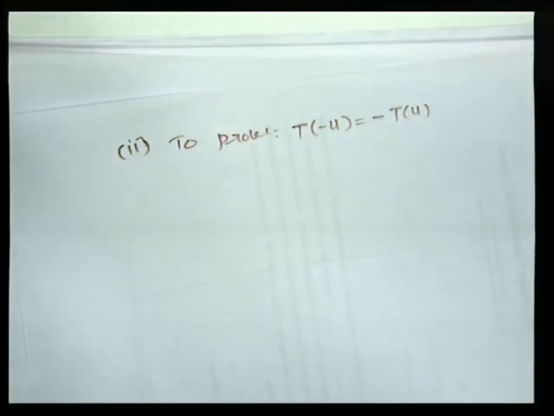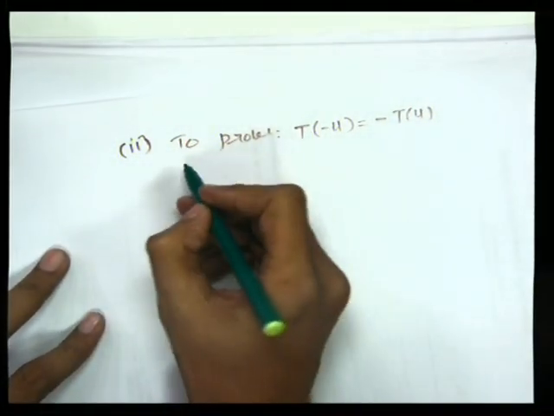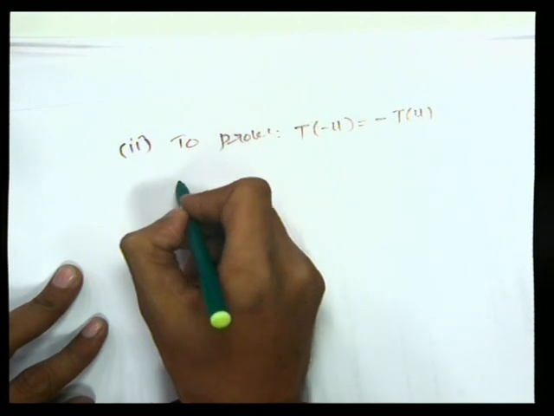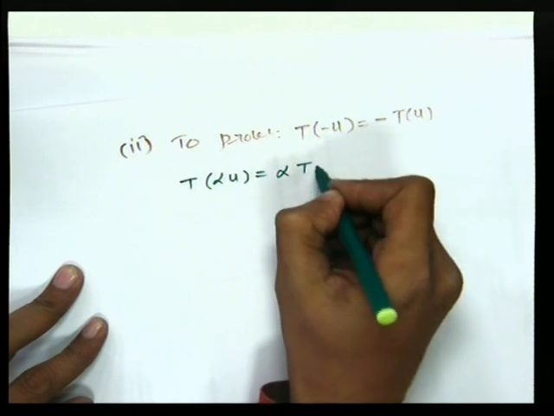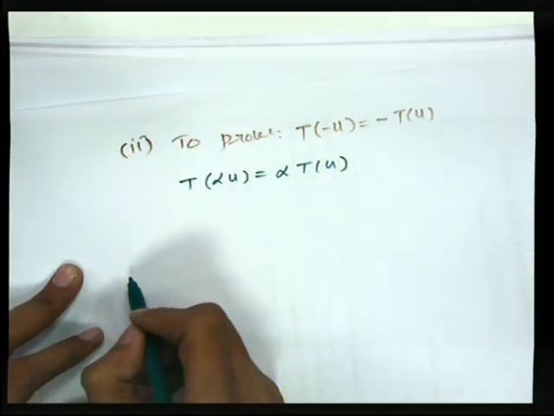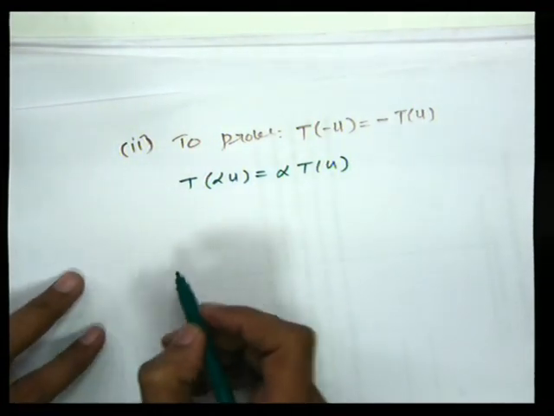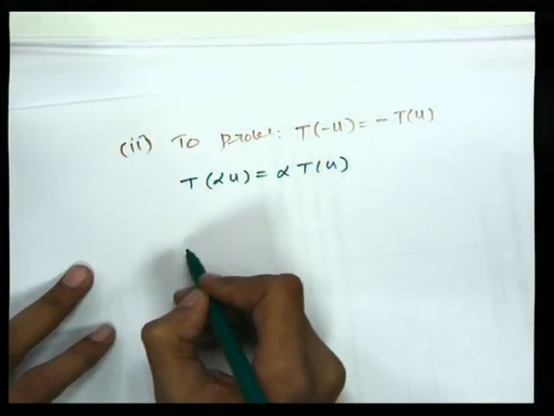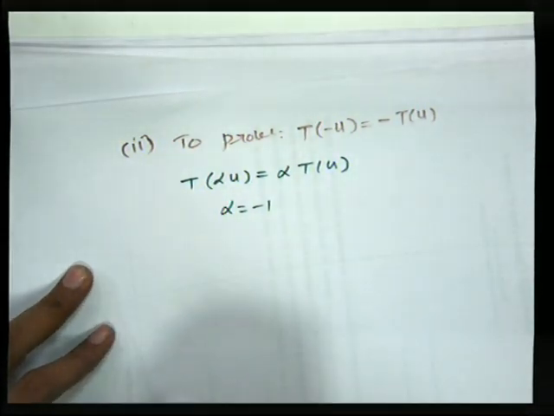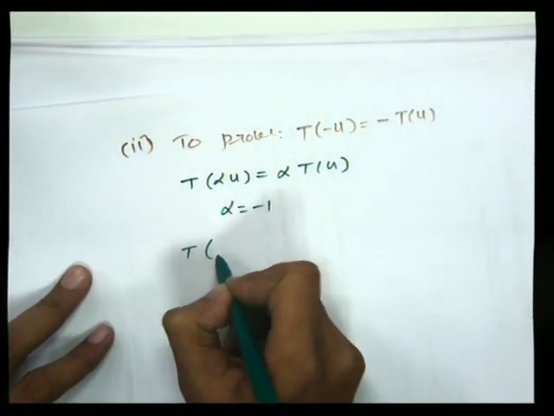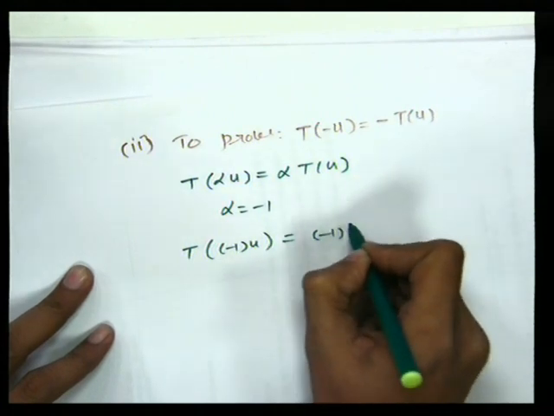To prove this, since T is a linear transformation, T of alpha u equals alpha times T of u for any scalar alpha and for any vector small u of U. If we put alpha equal to minus 1, since we can take any scalar, then T of minus 1 into u equals minus 1 into T of u.